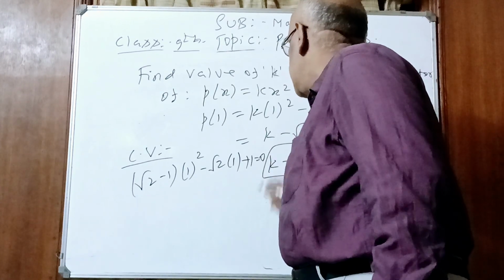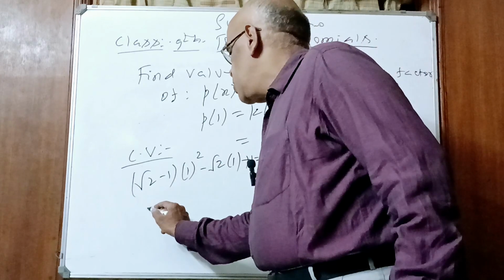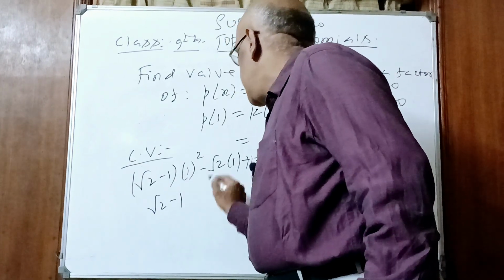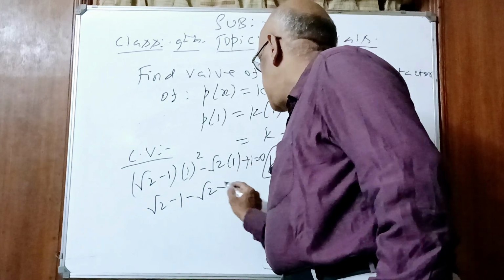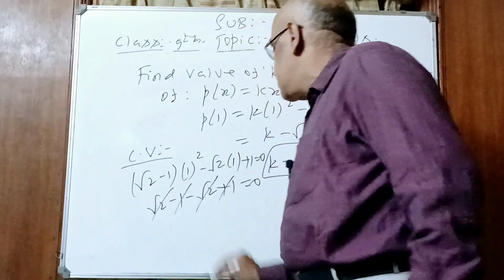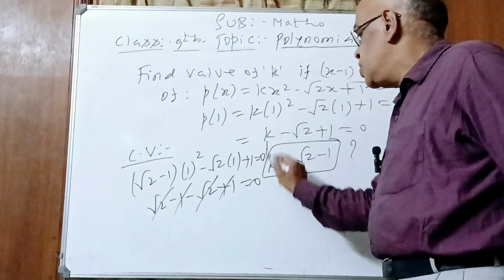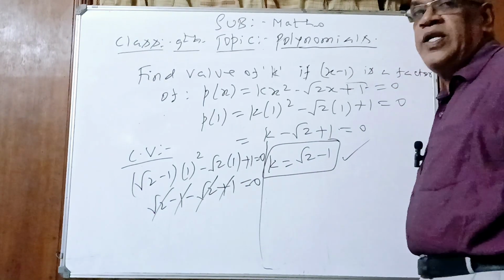Yes or no, children? It should be 0. 1 square 1 into root 2 minus 1, root 2 minus 1 minus root 2 into 1, root 2 plus 1. See, children, root 2 plus root 2 minus 1 plus 1 more. Answer is 0. So, our answer k is equal to root 2 minus 1 is correct.